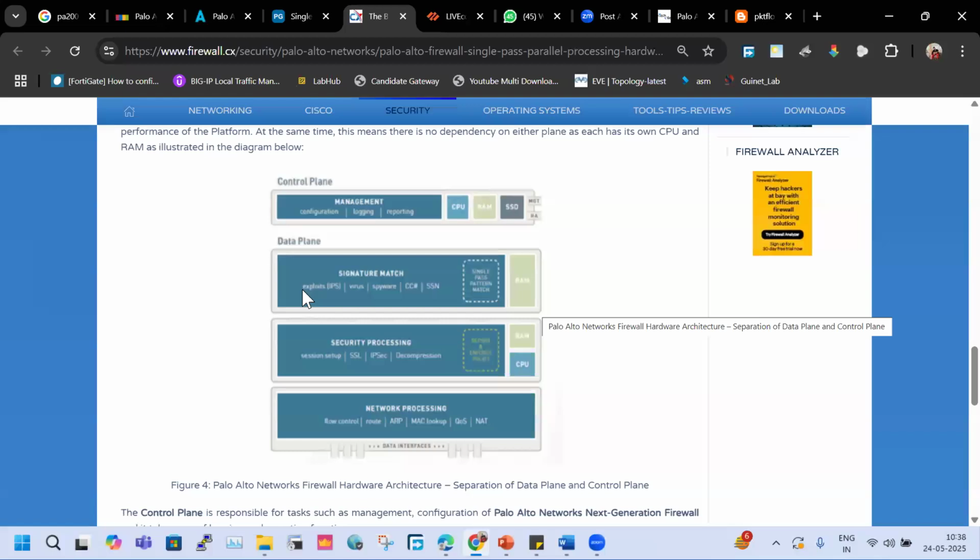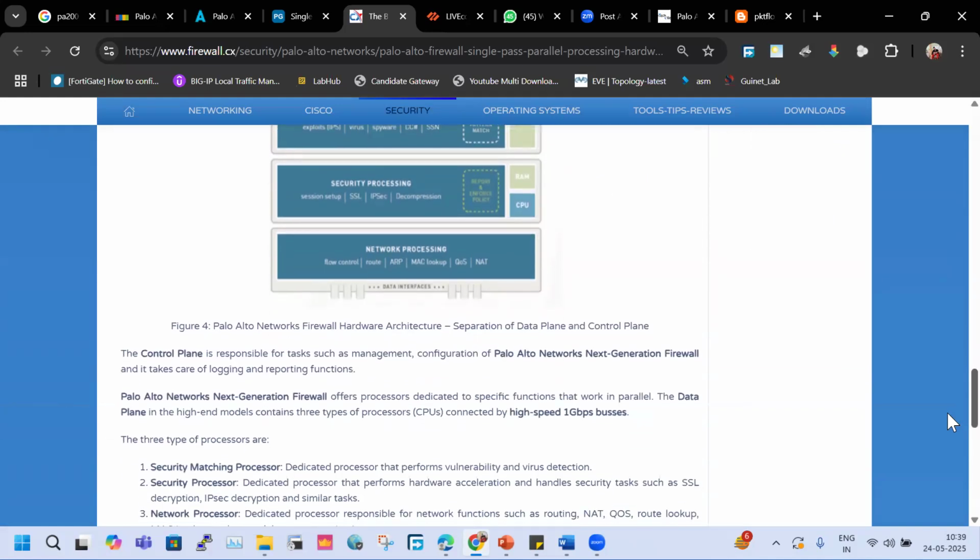This is a very important feature of Palo Alto firewall that makes it different from other vendors in the market. That is the reason it is used so widely in enterprise organizations.